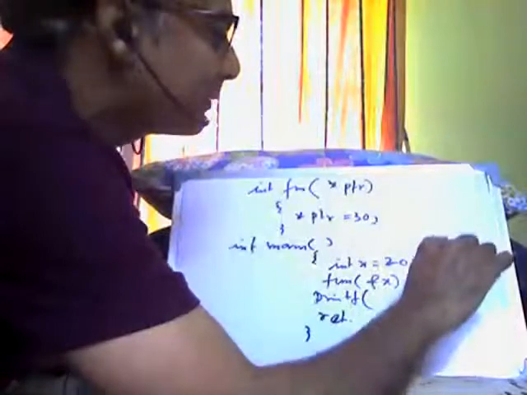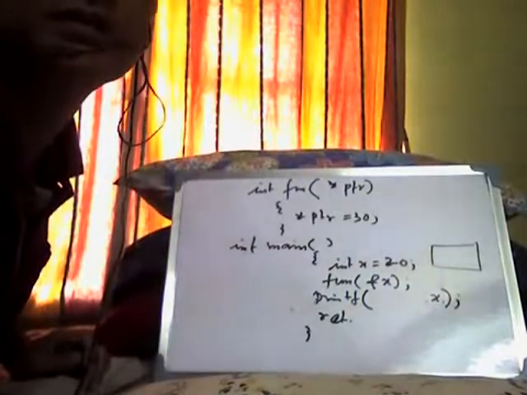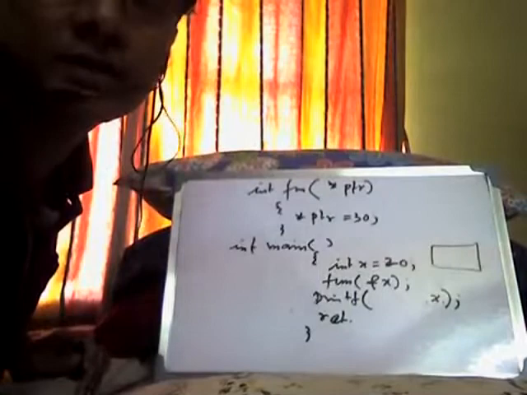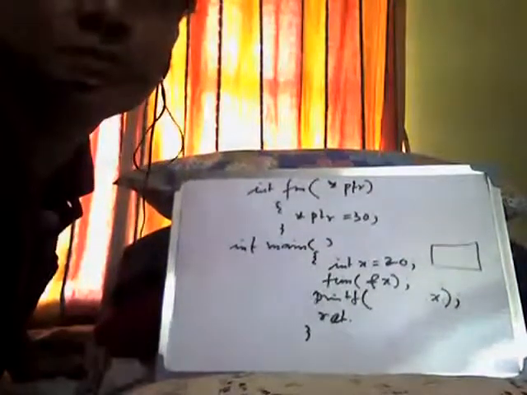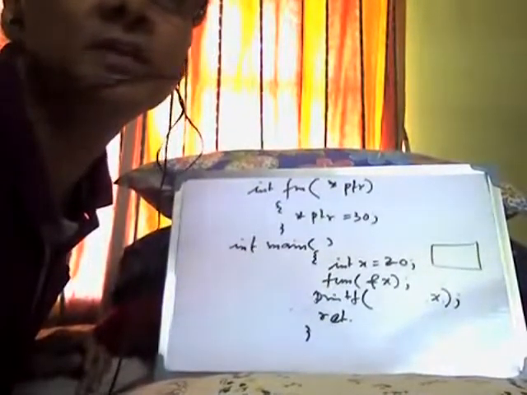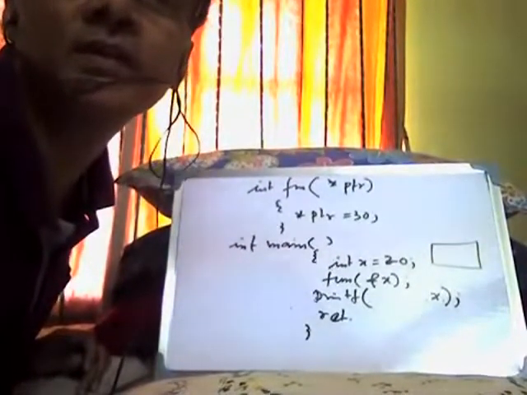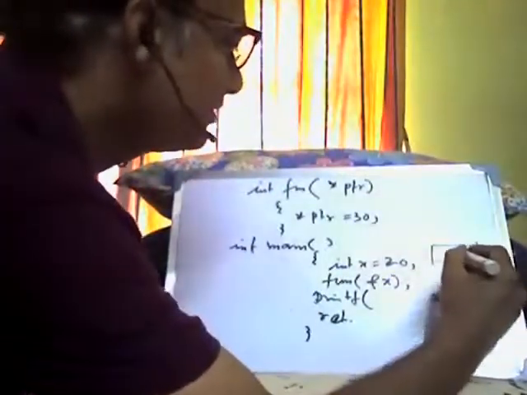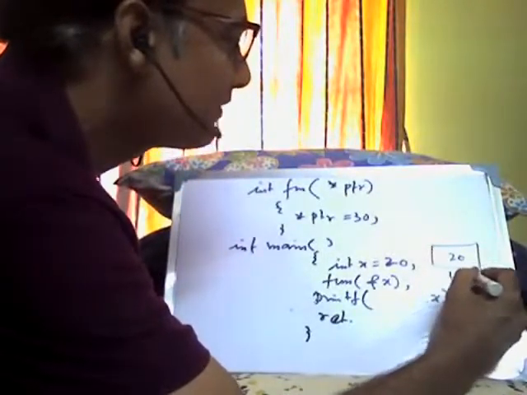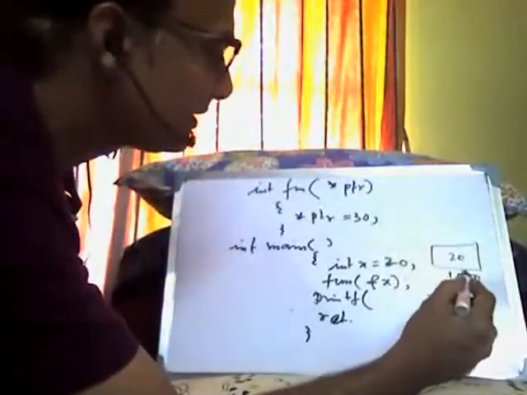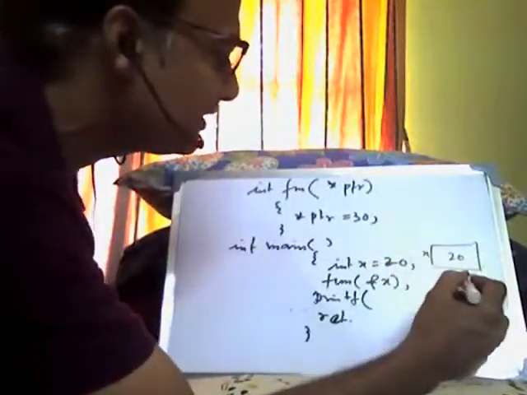Suppose this is the box, here it is 20 and suppose the address is 1000. So ampersand x means this value is 1000. That means the address of variable x is 1000.